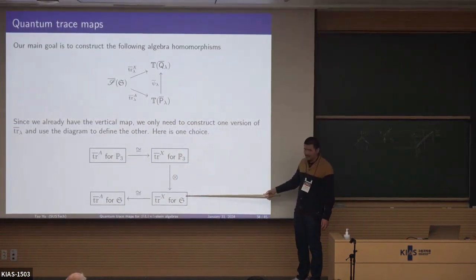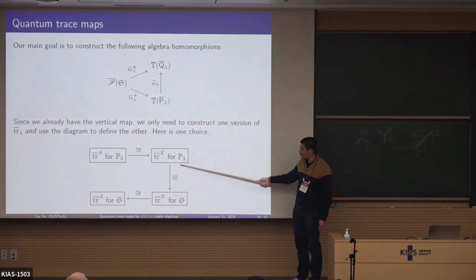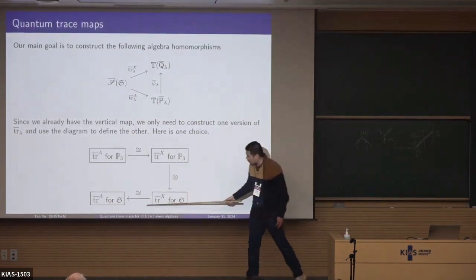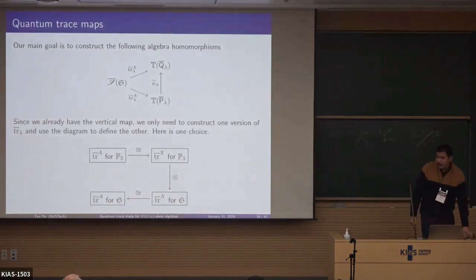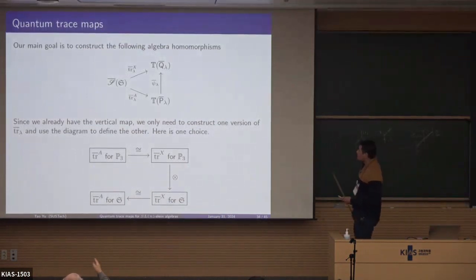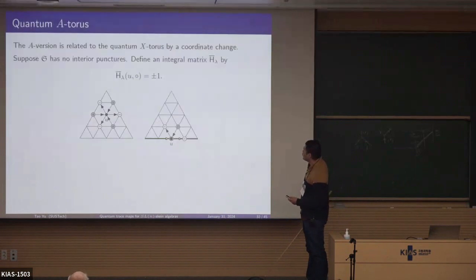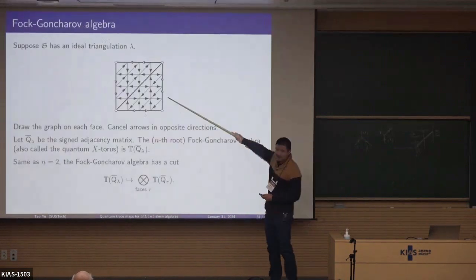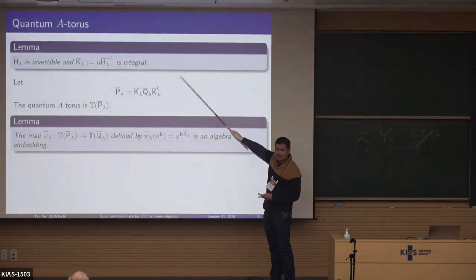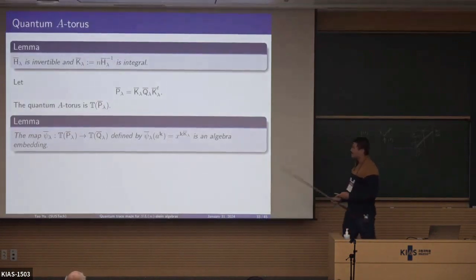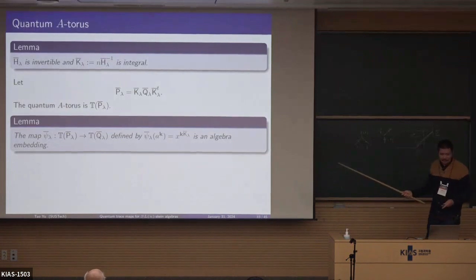This vertical one is the same as the Bonahon-Wong construction, as we'll see in a minute, and then we'll use the isomorphism backwards. Q is this matrix. P is just defined as this product. There is a more direct description of P, but I don't want to do it now.